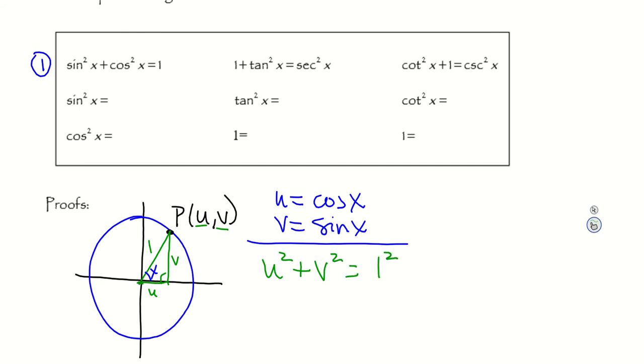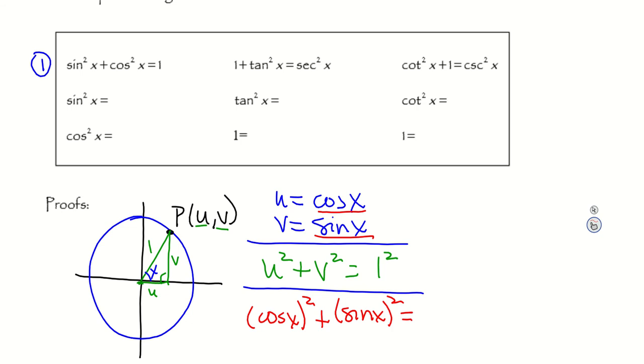So if we put these together, u is the cosine of x, so we get the cosine of x squared plus v, v is the sine of x, so we get the sine of x squared equals 1 squared, which is 1.